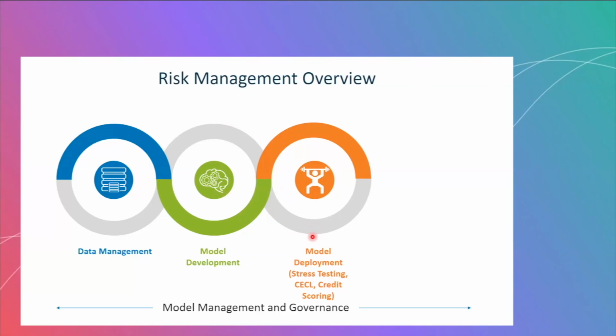And that's where model deployment comes in, that is putting the model to use on new data, or rather larger data, because model development mostly happens on samples of data, correct?